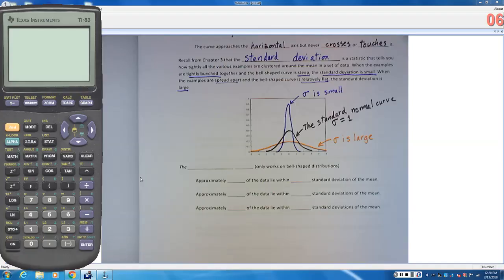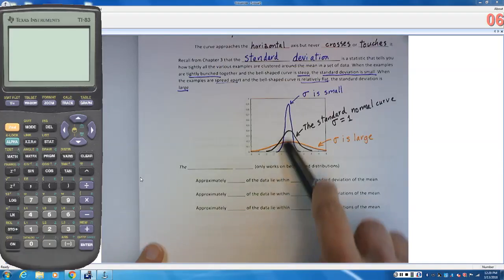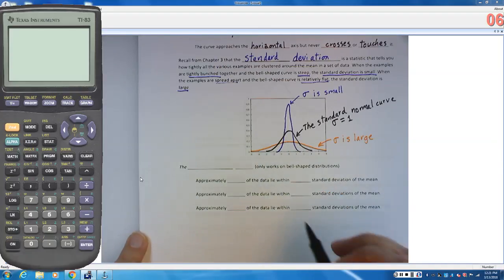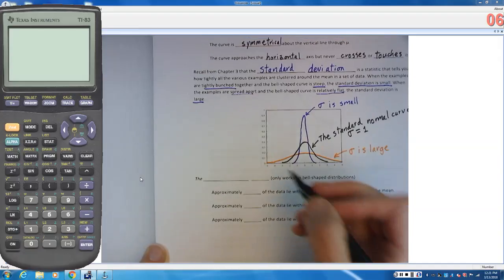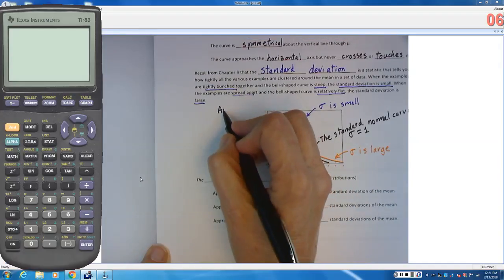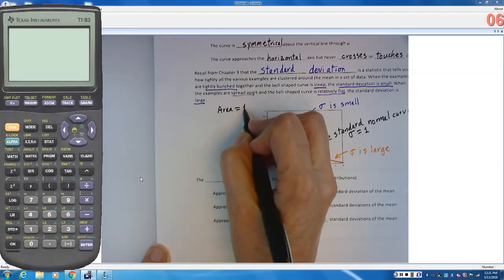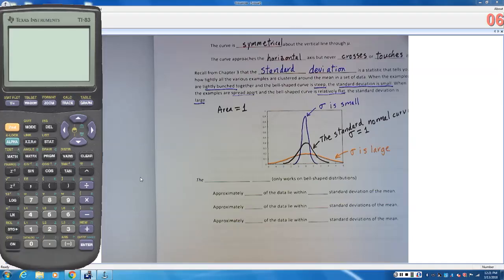So every normal curve, these all have an area of 1 underneath them. The area under the curve equals 1. And we find probabilities as areas under the curve, so all probabilities will be between 0 and 1. And we learned that that had to be true.